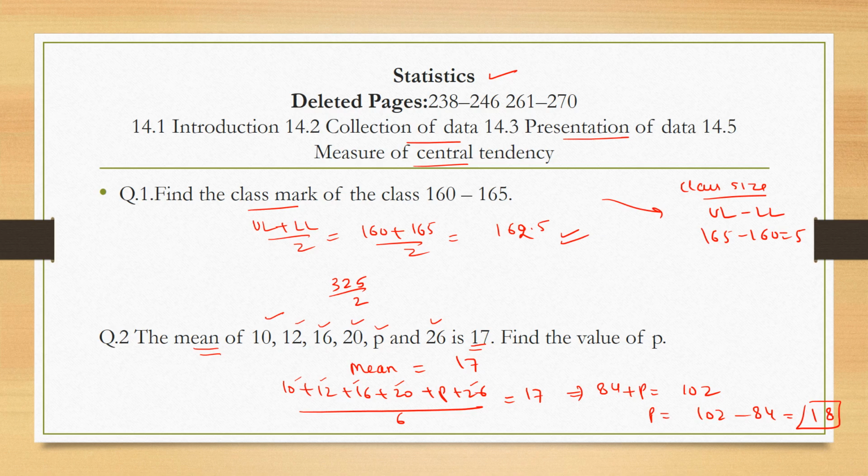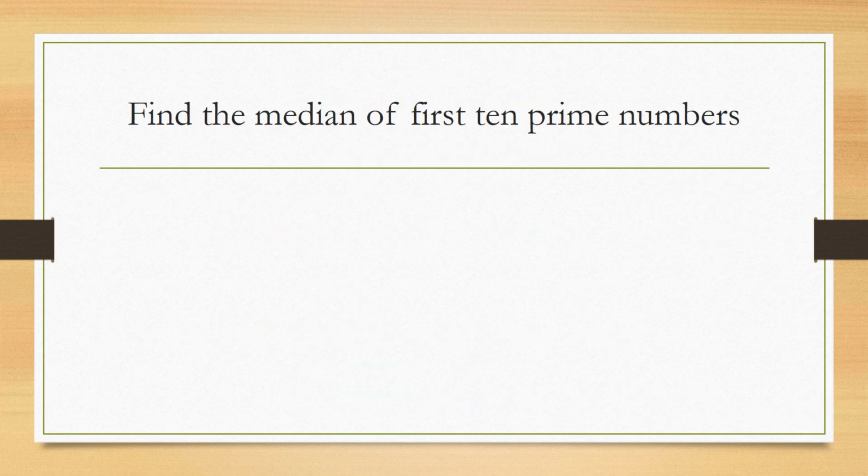Next. Median of first 10 prime numbers. So in median, the first rule is to convert the data in ascending order. Because I am finding the observations, I can simply make it in ascending order by itself. First 10 prime numbers. One is neither prime nor composite, right?